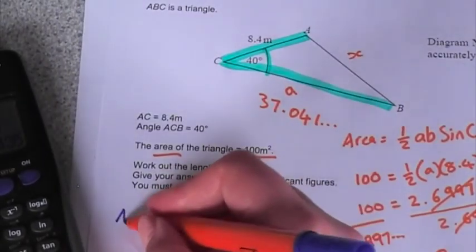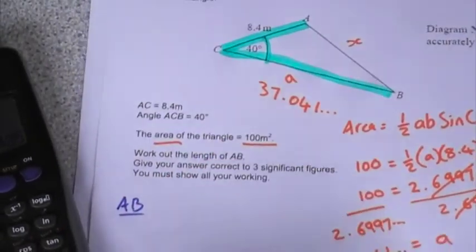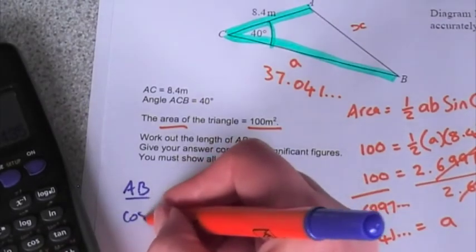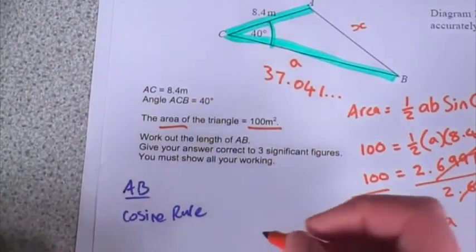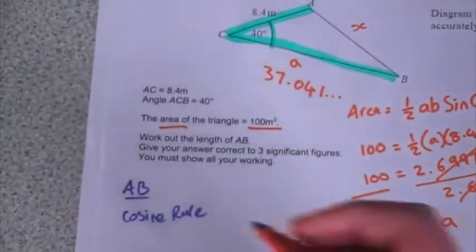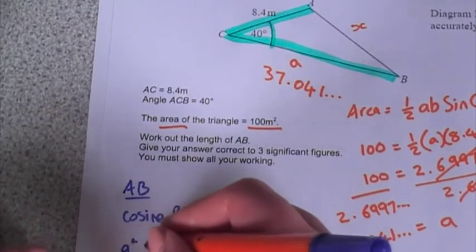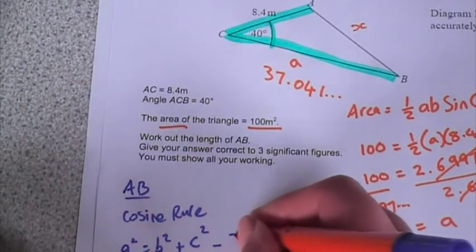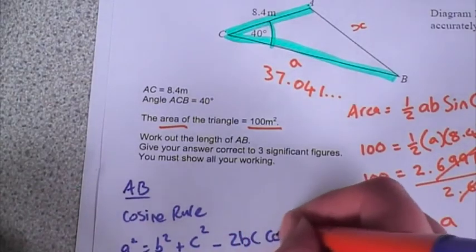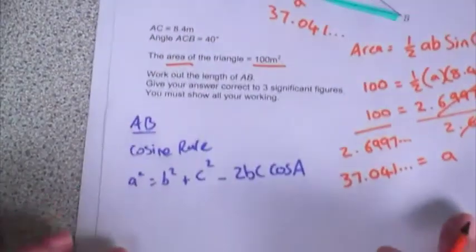So to find AB, I'm going to use the cosine rule. And I'm always going to start by writing down what the cosine rule says on the formula sheet. A squared equals b squared plus c squared minus 2bc cos of A.